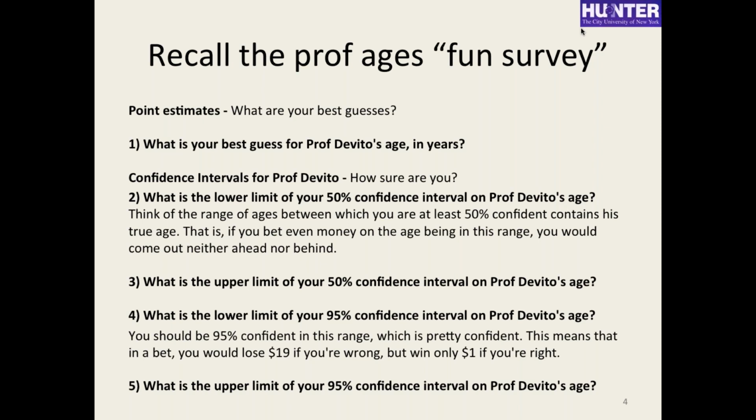Okay, let's say I asked you to guess my age, right? Now if your grade depended on guessing my age with 95% confidence versus 50% confidence, which of those two ranges would be wider? The big one, 95%, right?